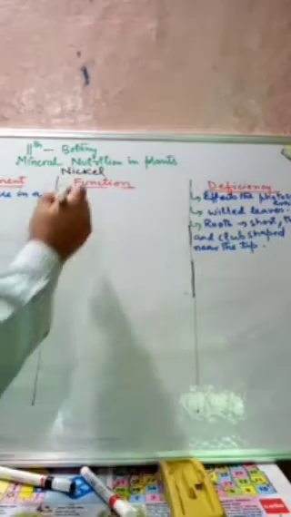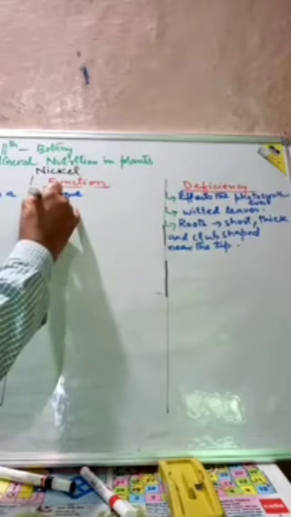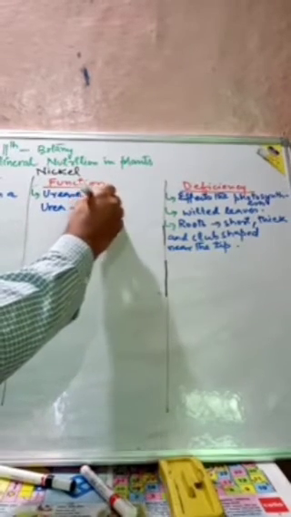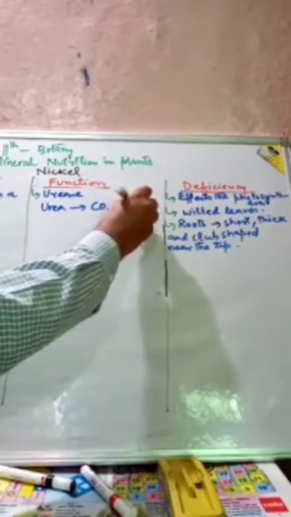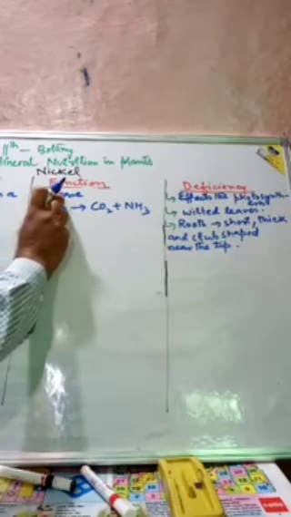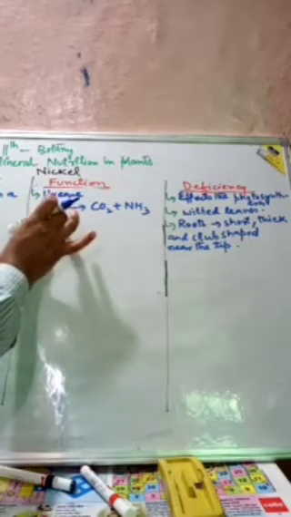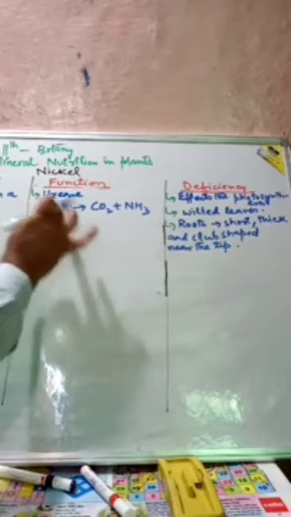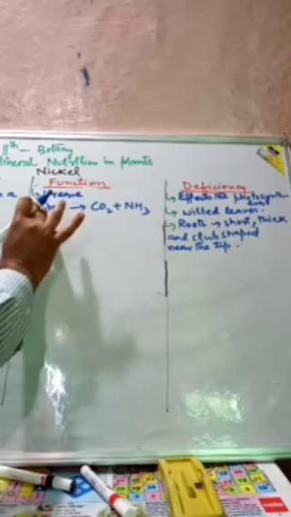First, if we talk about the function, it is an important component of the enzyme urease, and is therefore necessary for the conversion of urea into ammonia in plant tissues.